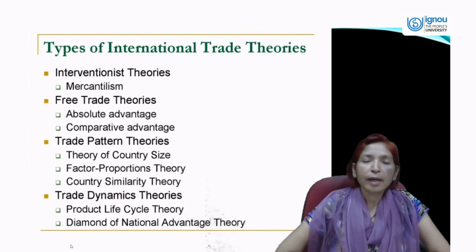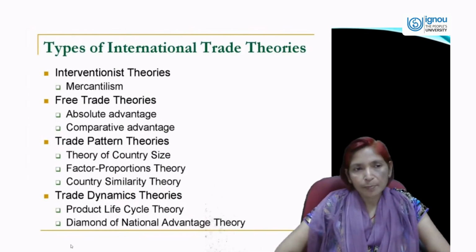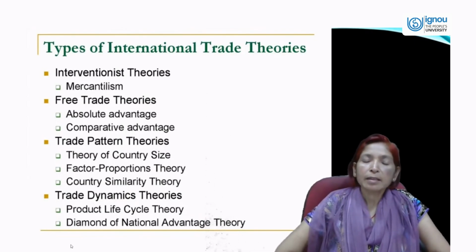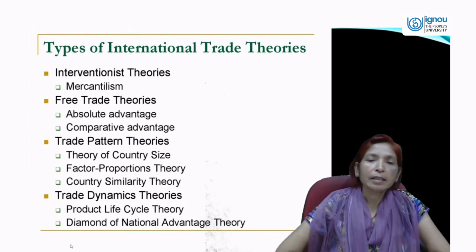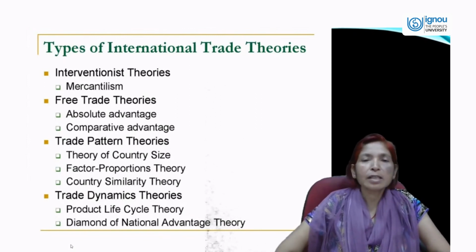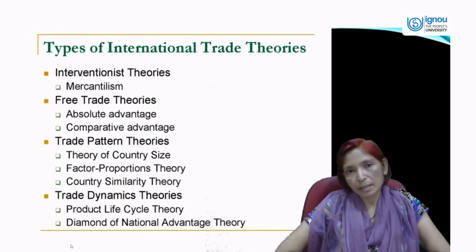Next is trade pattern theories. Trade pattern theories depend upon the country's size, factor endowment, and country similarity. The country size theory, factor proportions theory, and country similarity theory explain these trade pattern theories.